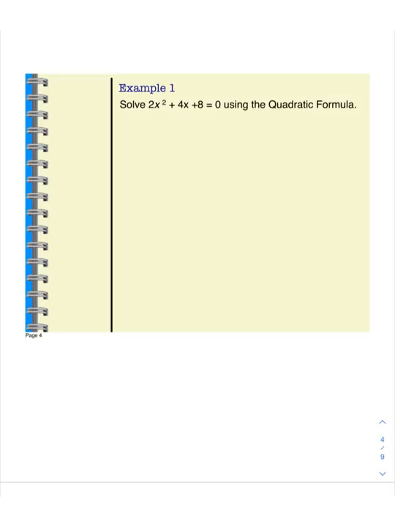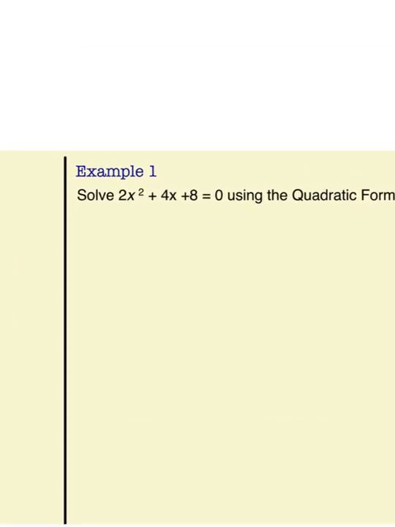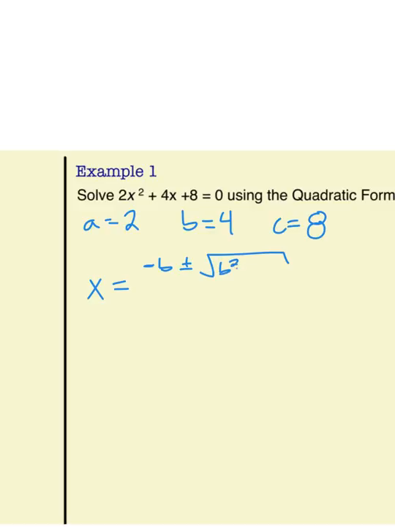Alright, let's walk through another example of the quadratic formula. So we have 2x squared plus 4x plus 8 equals 0. A is 2, B is 4, and C is 8. Remember using our quadratic formula, which is negative b plus or minus the square root of b squared minus 4ac all over 2a.